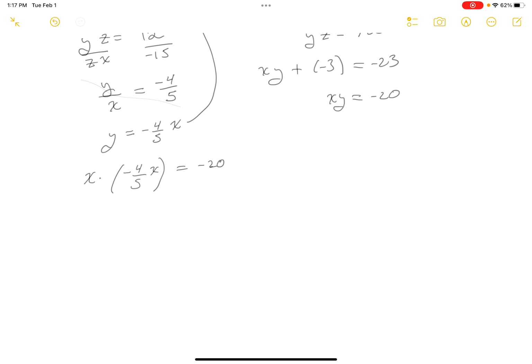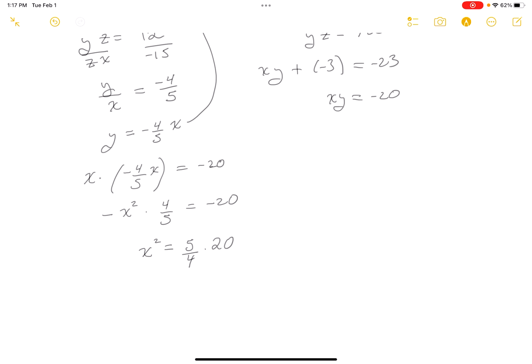All right, so I'm going to look at this. I'm going to say this gives me minus x squared times 4 fifths equals minus 20. I'm going to simplify a little bit more: x squared would be 5 quarters times 20.